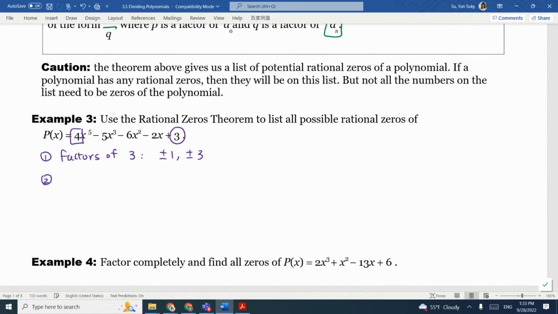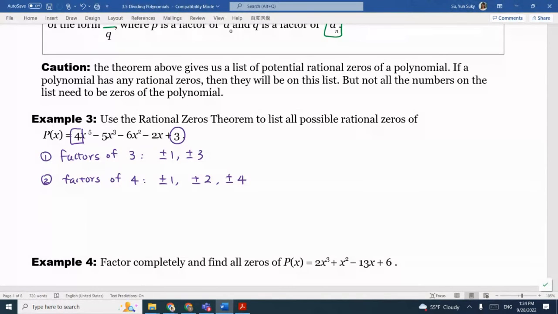Okay, second step. What are the factors of the leading coefficient? You always start with plus or minus 1. And then what is the next number? Yeah, plus or minus 2, and then plus or minus 4. You always start with plus or minus 1 and you always end with plus or minus that number.